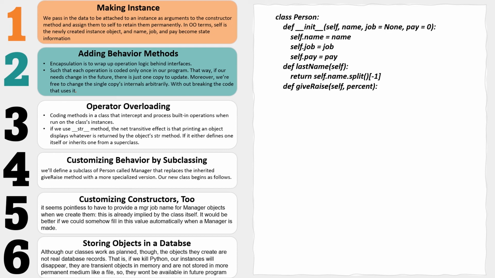So here again we will add self.pay. Here you can see this self.pay can get it from here, and is equal to int of self.pay, we just want to update that self.pay, whatever pay he had, and you just multiply with the percentage.